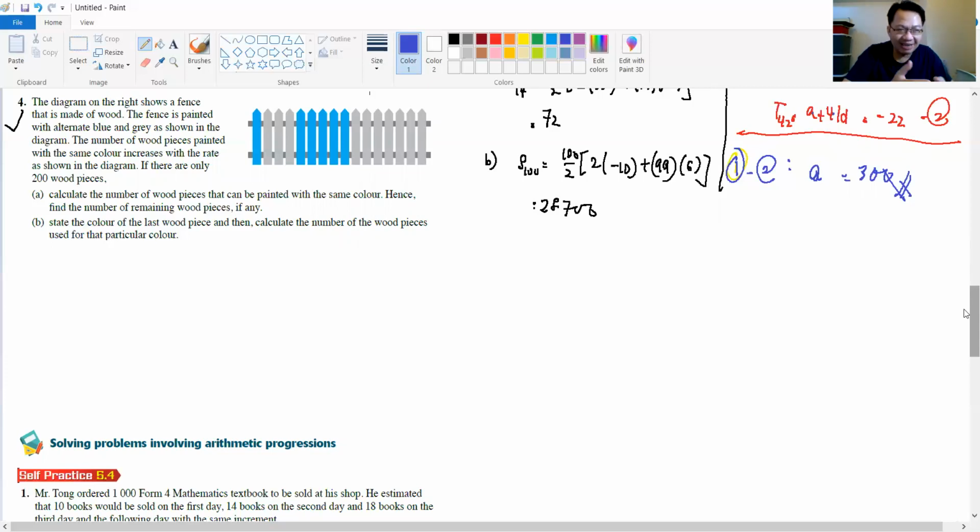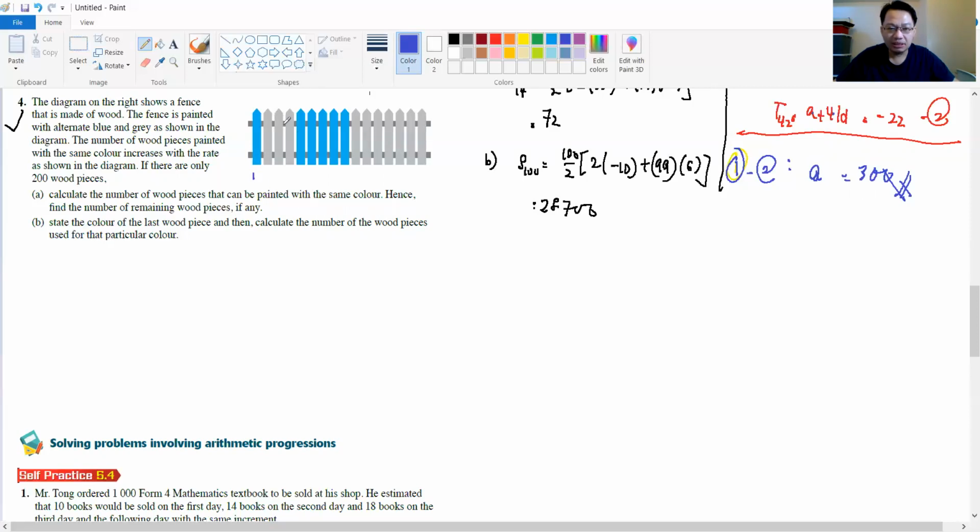This is tricky. The fence is painted by the blue and the gray color, and they are in arithmetic progression. Okay, this is an arithmetic progression question. So how do I know? You see, the first here is a blue color.